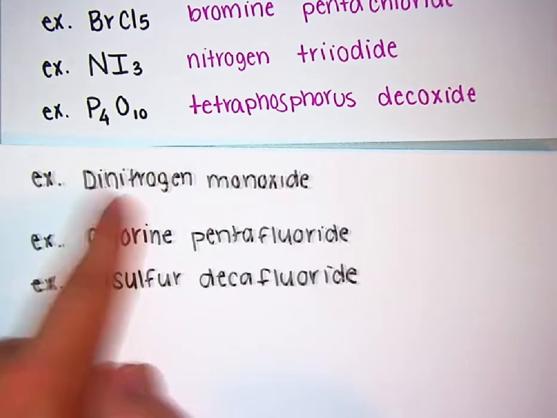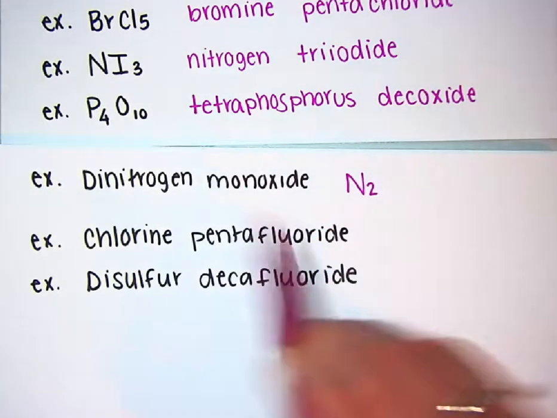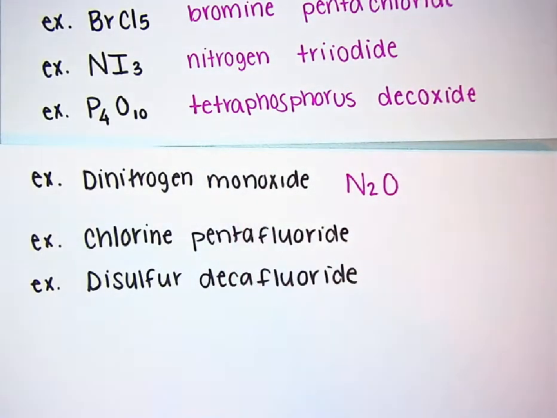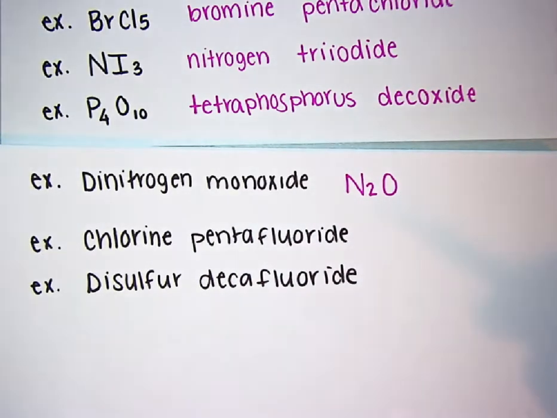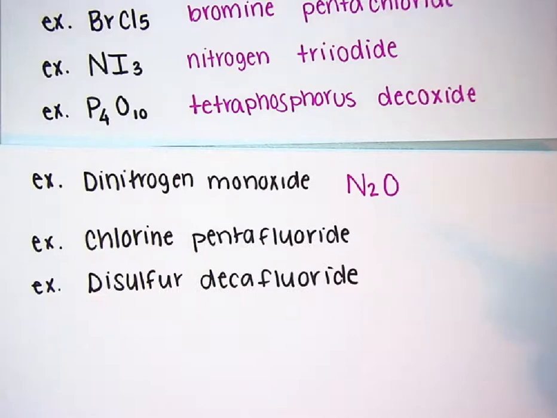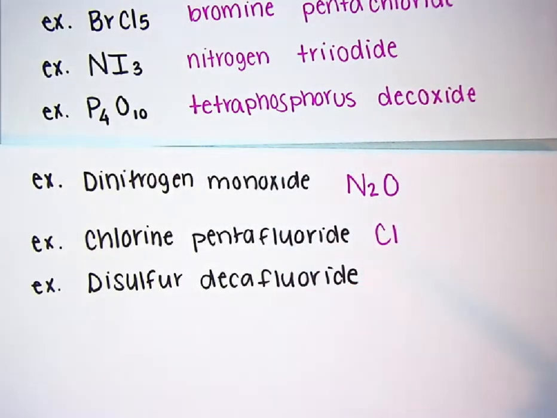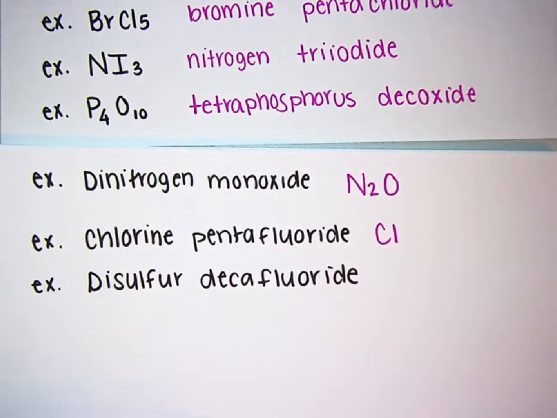First one, dinitrogen. Prefix di means 2. Monoxide. Oxide is oxygen. Mono means I only have one of them, but again, we don't need to write in that subscript 1. Second one, no prefix on chlorine. That means there's one of them. The only time we don't use a prefix is if there's only one of the first atom in the formula.